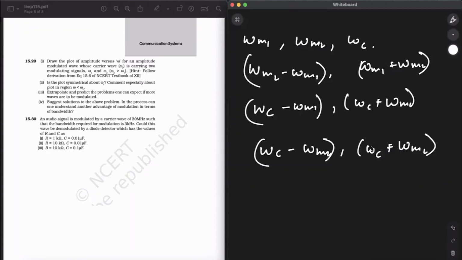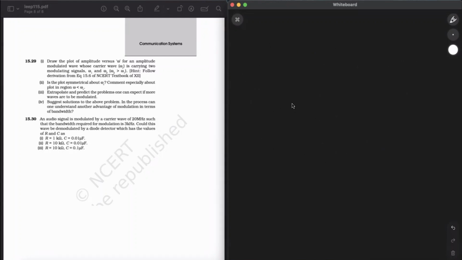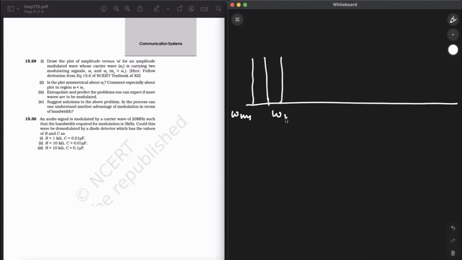Now, if you want to plot the amplitude versus omega, then it will be what? First of all, I have omega m1, okay, omega m2, omega m2 minus omega m1. Next will be omega m1 plus omega m2.